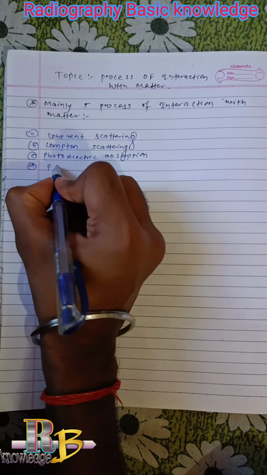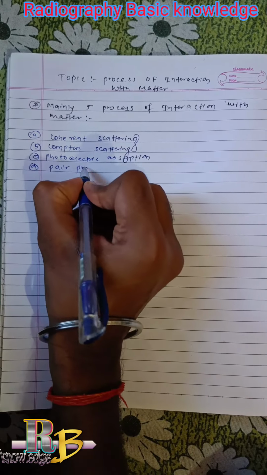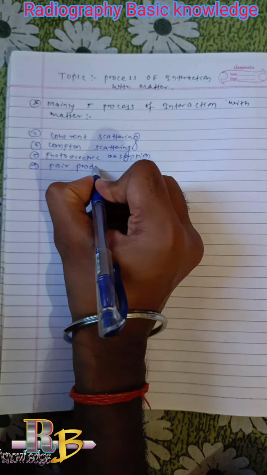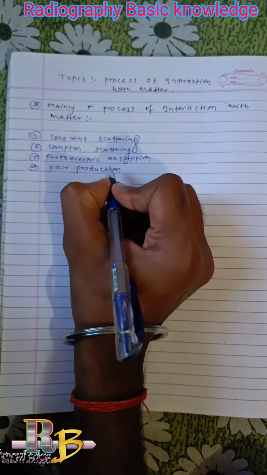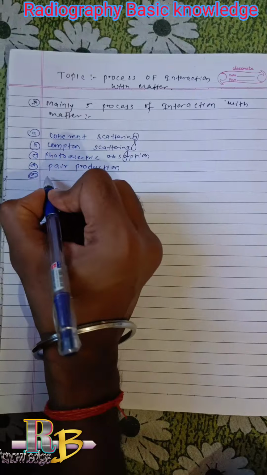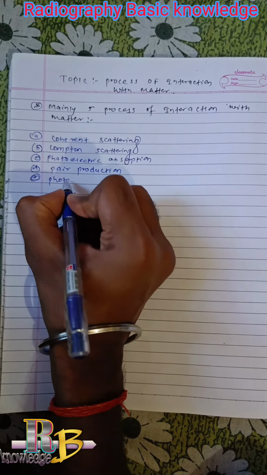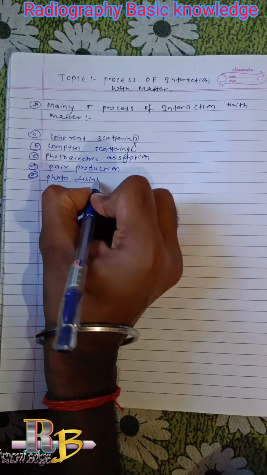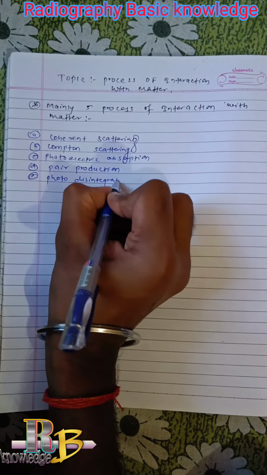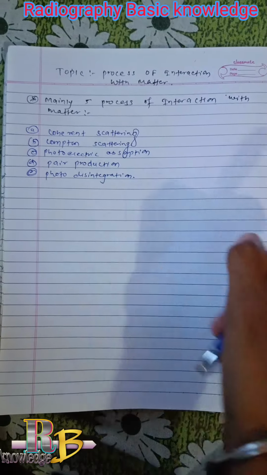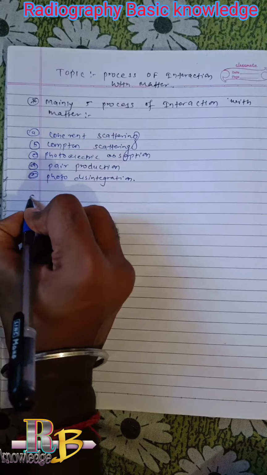D. Pair production. And at last, photodisintegration. Now we discuss the first one.